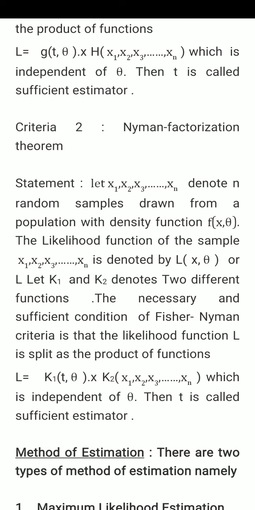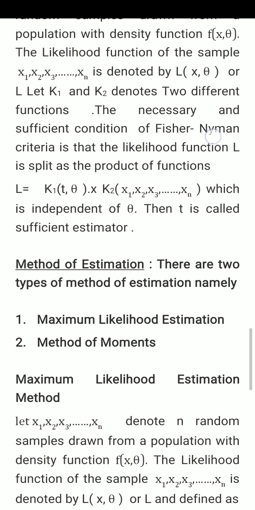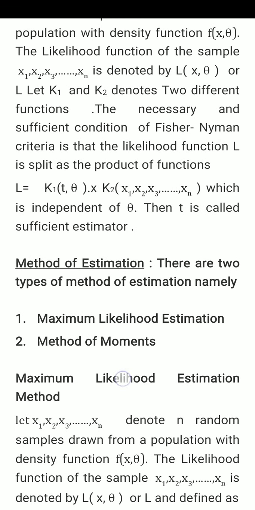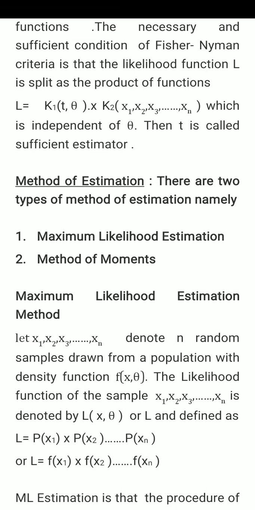The necessary and sufficient condition is that L may be split as a product of two functions, L is equal to k1 of t1 comma theta into k2 of x1 comma x2, ..., xn, which is independent of theta. Then t is called a sufficient estimator. This is an important concept, the Fisher-Neyman criterion and criteria of a good estimator, very important from the examination point of view.